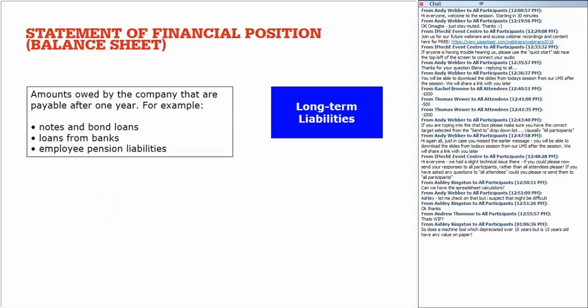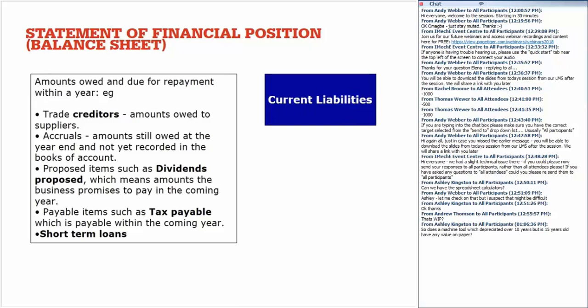We have long-term liabilities. So again, it's this period of a year. This is loans that are not repayable in the next year. I won't talk about these things here right now. It's loans which are the important one. So we've got loans. And then the final liability is current liabilities.